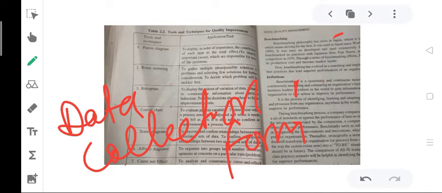The data collection form is for systematically gathering data to obtain a clear picture of the facts.